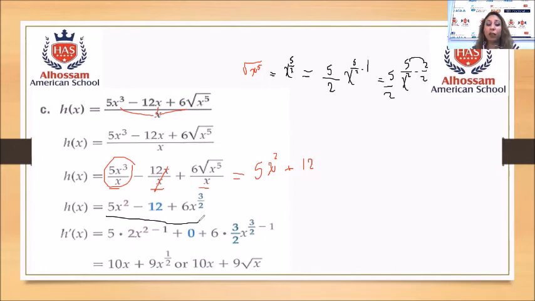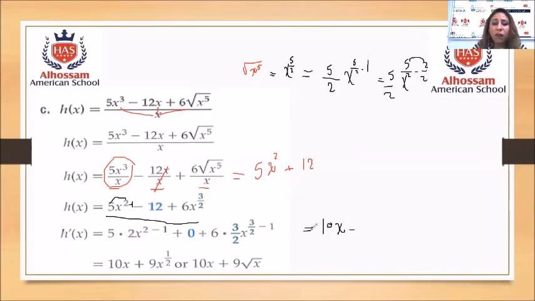I now have each term in the correct form, so I can use my rule, which is multiplying the power times the scalar. So here, 5 times 2 is 10. And then subtract 1 from the power. Here 2 minus 1 is 1, so I don't need to write it.